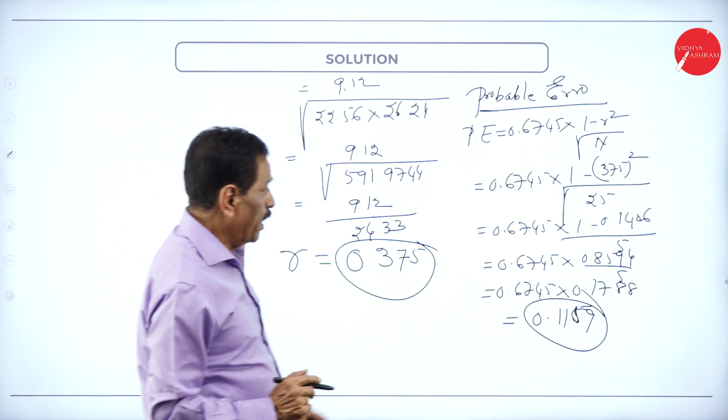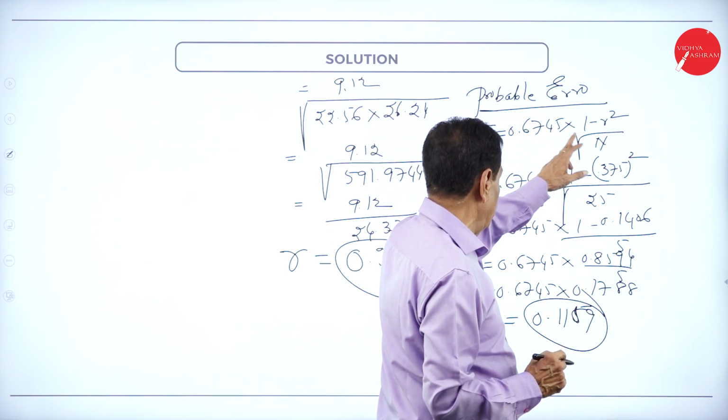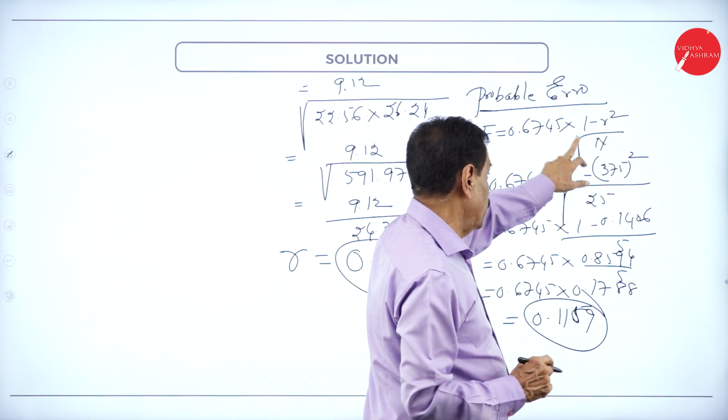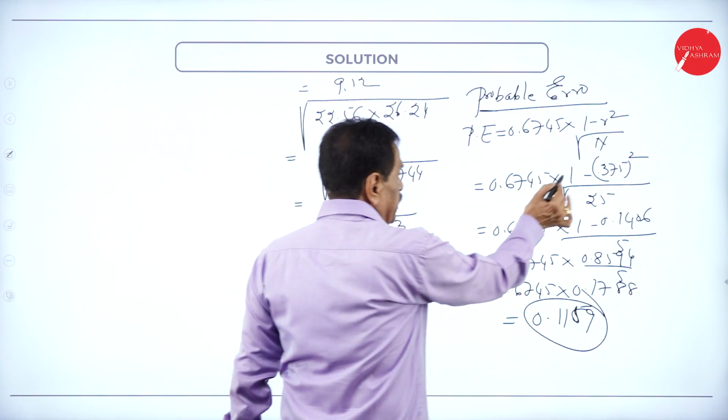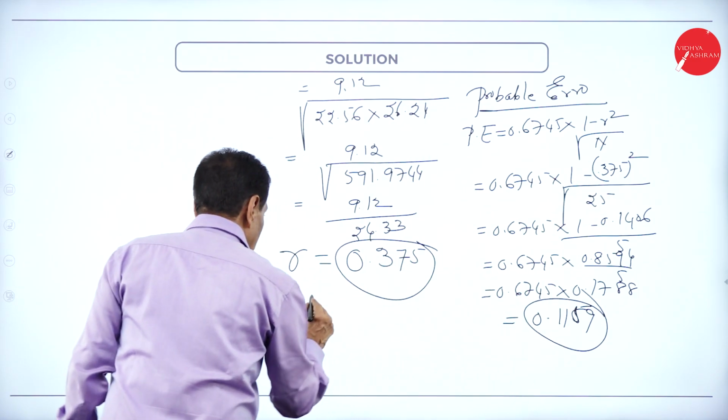This is the way. Probable error is equal to 0.6745 into 1 minus r square divided by root n. What's your r? 0.375. It should be less than 1.